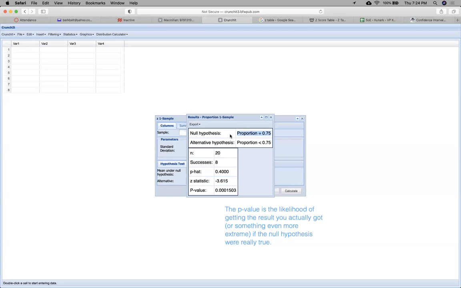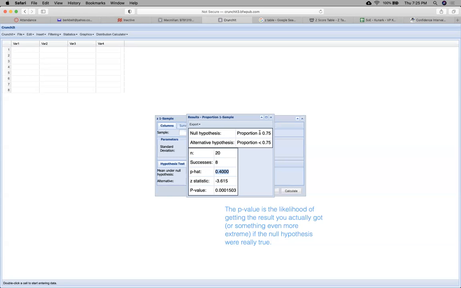It's not the chance the null hypothesis is true. It's the chance of getting what you got if the null hypothesis were true. If the null hypothesis were really 0.75, there is such a tiny chance of getting this result. And you got that result, so this can't be true. That's essentially the logic behind it.